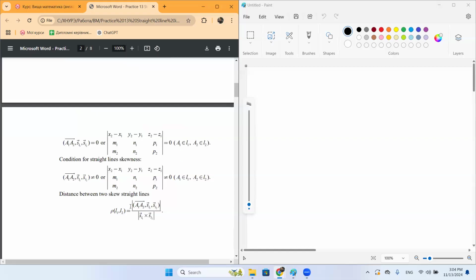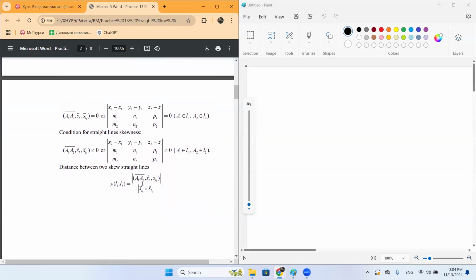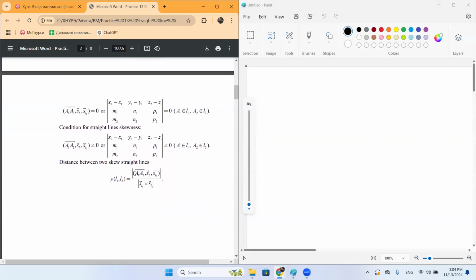And here is the formula of the distance between two skew straight lines. We divide the magnitude of the mixed product of direction vectors and the vector based on points by the magnitude of the cross product of direction vectors.